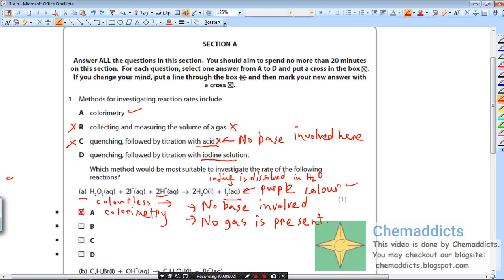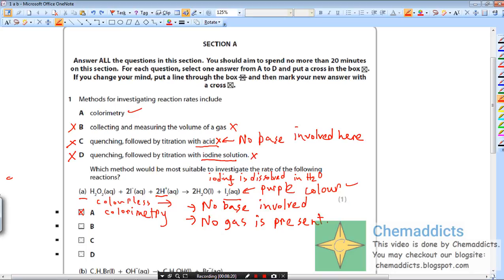Iodine solution is already present here, so it is meaningless to titrate it against iodine solution. So that's why option D is incorrect.